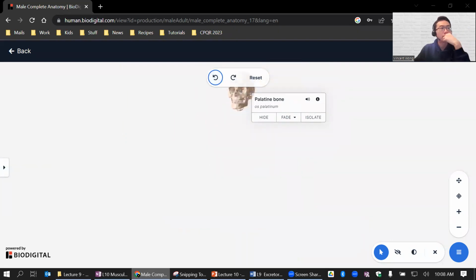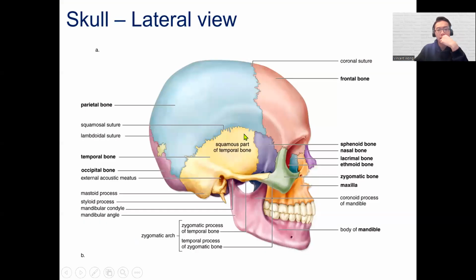All right, let's go to our PowerPoint here. Let's see if we missed anything. This is a side view. I told you about the lacrimal bone, the ethmoid bone. Everything is basically what we said. There are landmarks on various bones, that's what they're called, and it's just too much, you don't have to know it.